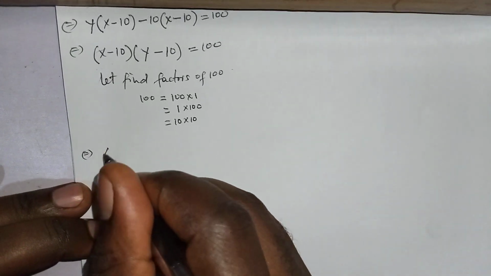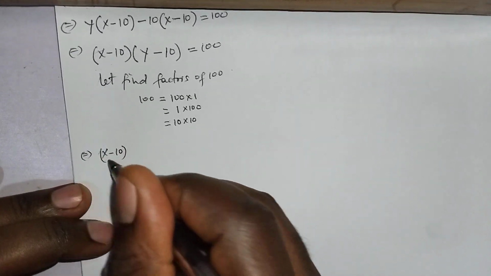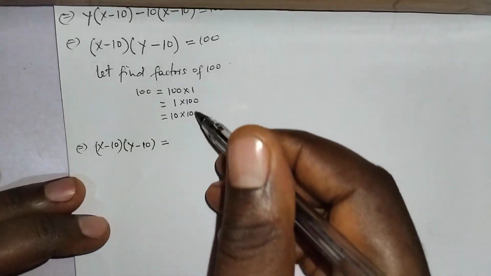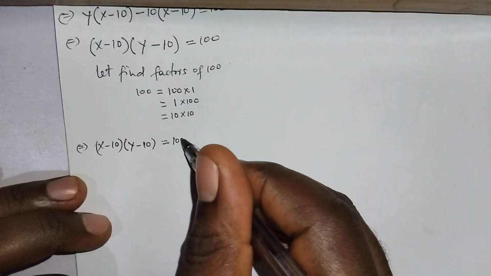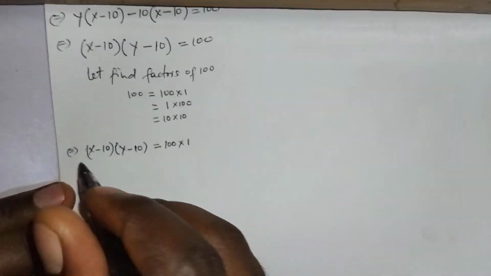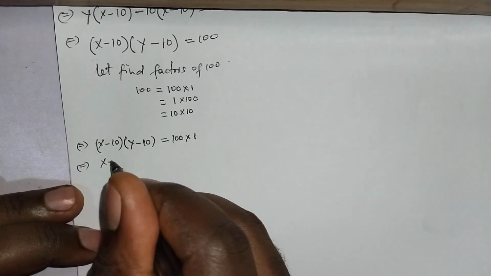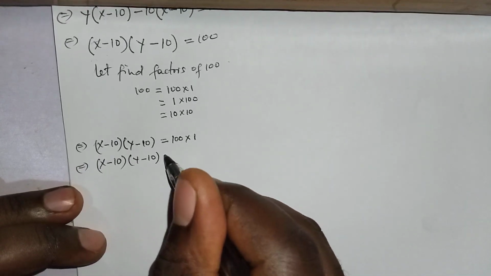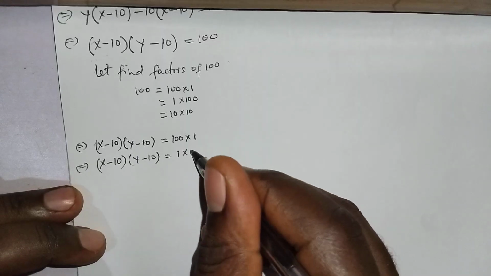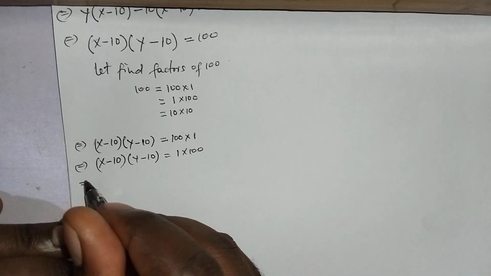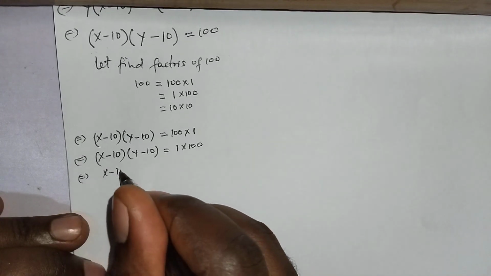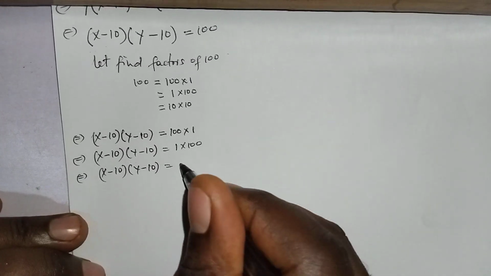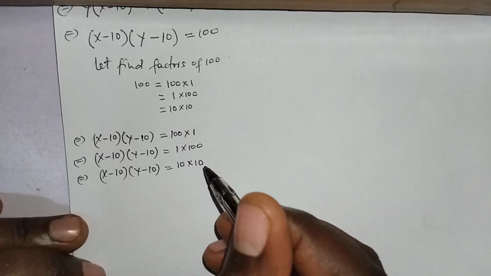So here we have x minus 10 and y minus 10 is equal to 100 times 1, or x minus 10 and y minus 10 is equal to 1 times 100, or x minus 10 and y minus 10 is equal to 10 times 10.